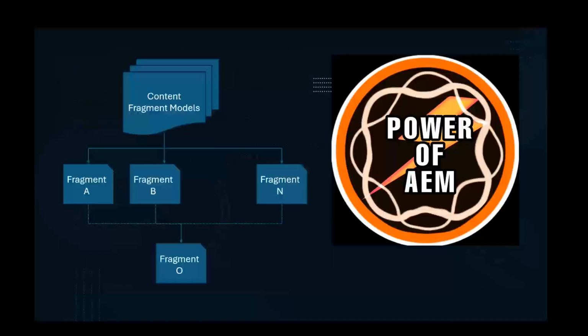Let's talk about how we can use the content fragment and what the idea is behind using it. As we were saying, models are the very basic template where we have to take a decision, or your business user or technical person can generate that model where they can design the inputs, how many different input fields you want and which type of input fields you want. For example, it could be a drop down, a text field, a multi-text field, or you might be referring to any existing content or any existing fragment.